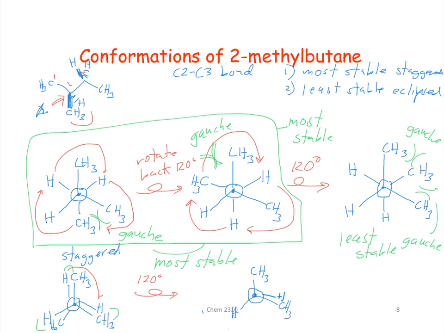Another H is going to rotate over to this side. And our methyl group, this one down here, is going to rotate up here. So our third bond is going to be a CH3 right here. Okay, so now in this one, notice that we have a lot of steric strain right here because we have two methyl groups eclipsing one another. We didn't have that in the first one.